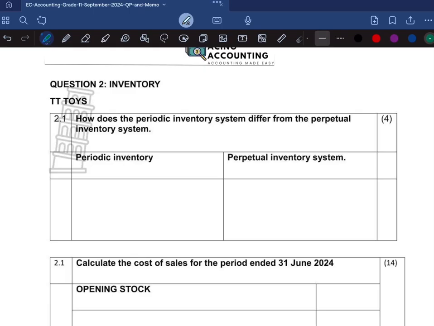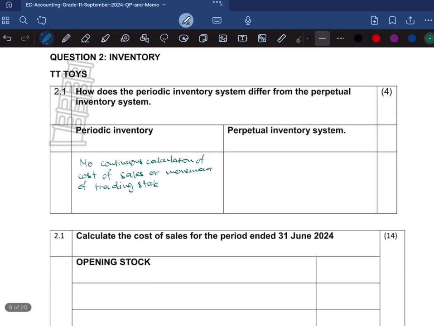So here, there's no continuous calculation of cost of sales or the movement of trading stock. So this is the periodic. Or we could say a recording, something like that.